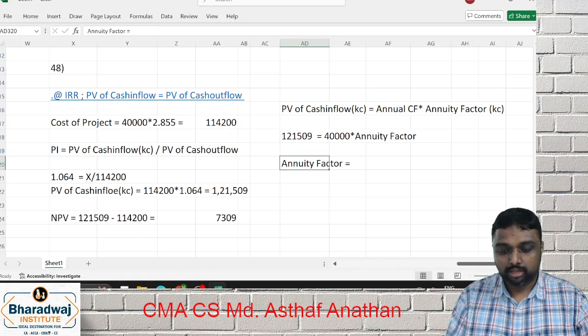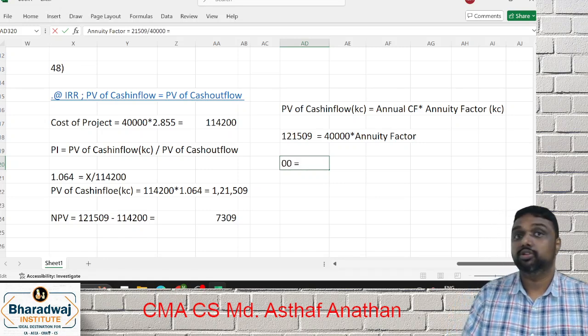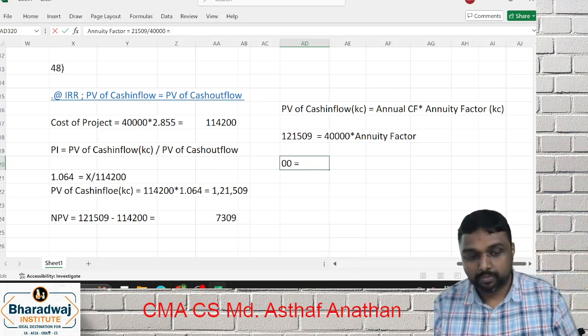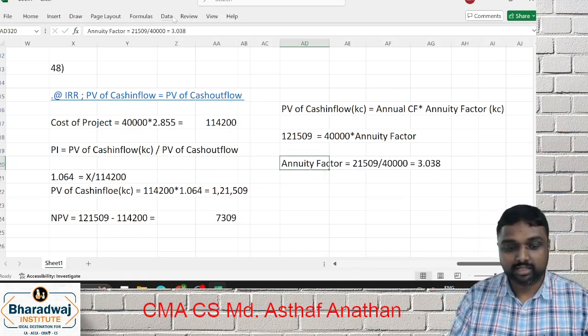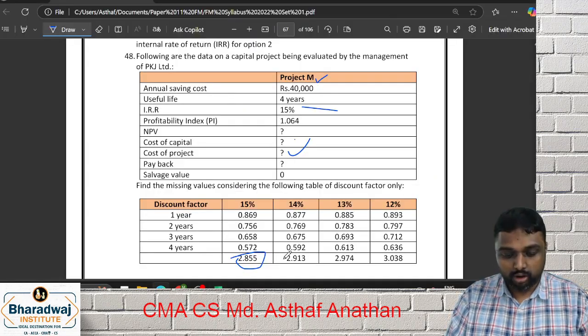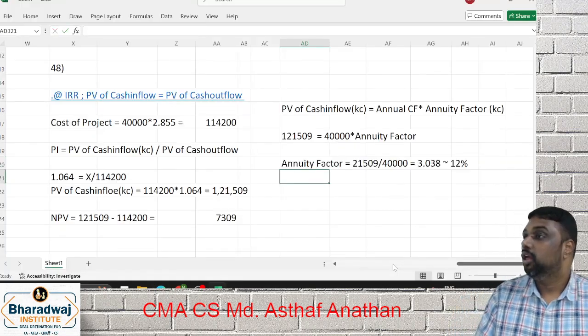So the amount will be 1,21,509 divided by 40,000. A very standard question, but hope all of you are able to recall. What is the answer, friends? 3.0378. You have to check the corresponding rate. This annuity factor is coming for what? Not this, not this. Yes, here it is. That means 12% is your cost of capital.